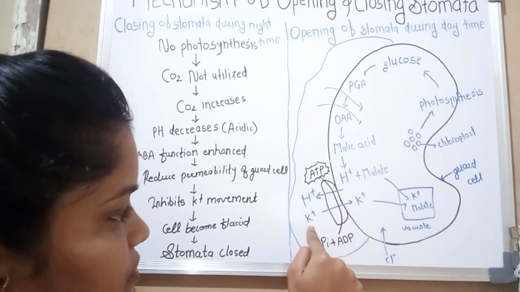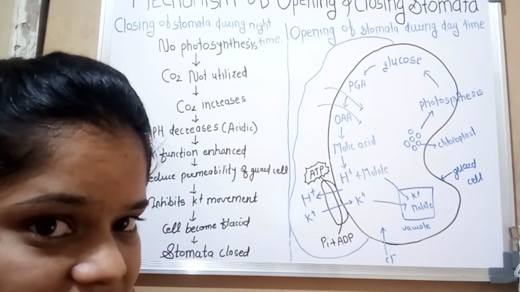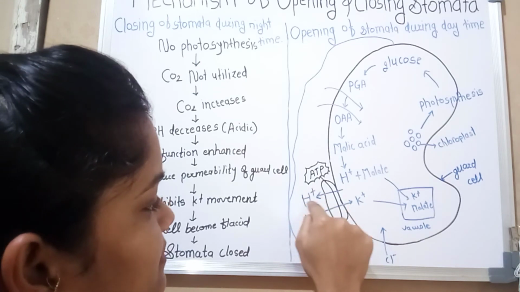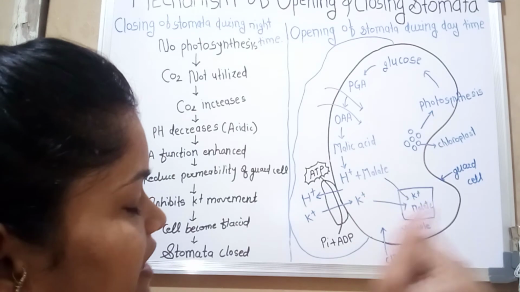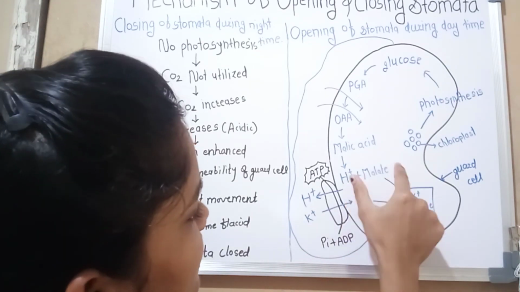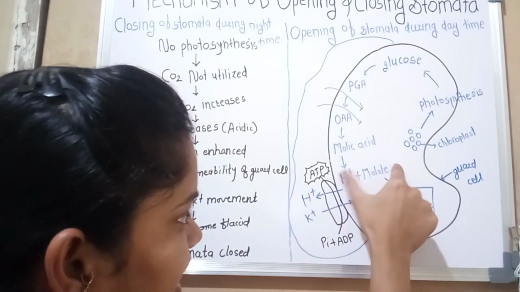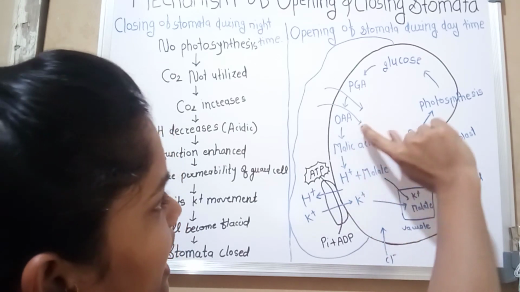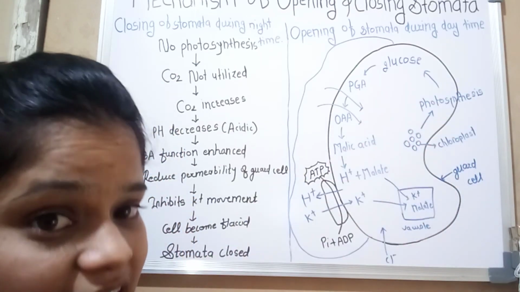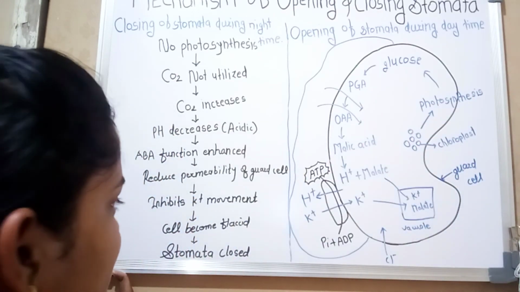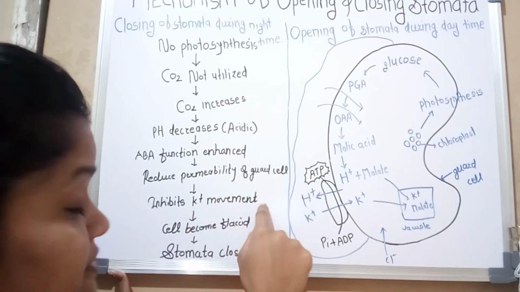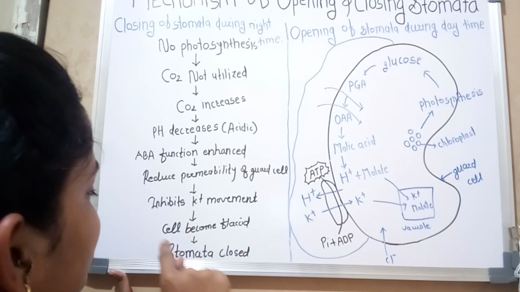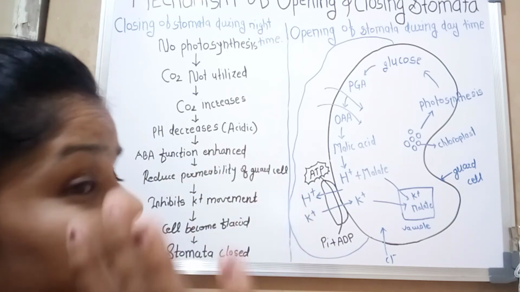They move towards the subsidiary cells, and the H plus ions move towards the guard cells. Again, H plus and malate ions bind and form malic acid, and this reverse process takes place during night time. This inhibits H plus ion movement, as I told you, and as a result the cells become flaccid.